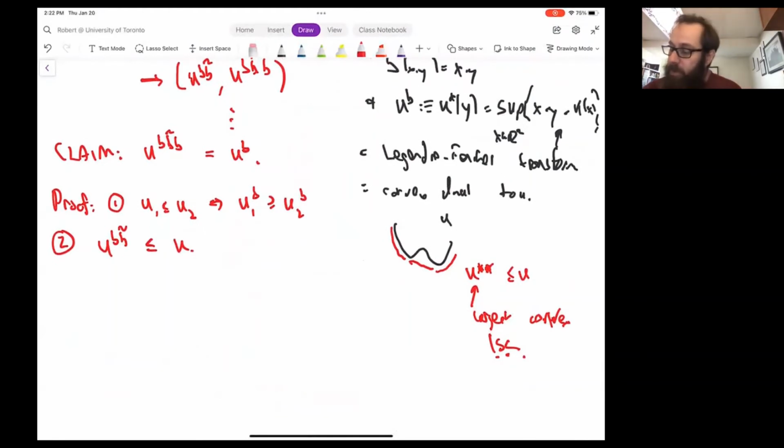And the way to see step 2, well, UB B tilde is going to be a function of X again. It's going to be a supremum over Y. Let me skip 1 step. There'll be another supremum inside, but it will be under a minus sign. So if I move it through the minus sign, it becomes an infimum. Sorry, this should have been M plus and this is M minus here. Fix that.